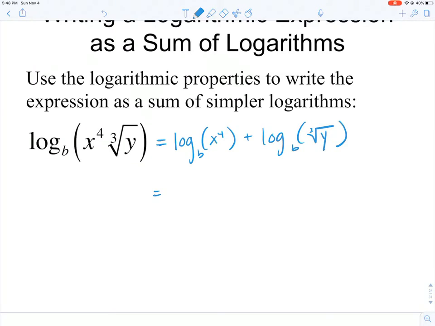And then I can plug each of these logs. So I can pull the 4 down front. And then cube root is the same as raising y to the 1/3 power. So I can log and pull 1/3 out front. And now we have a sum of simpler logarithms.